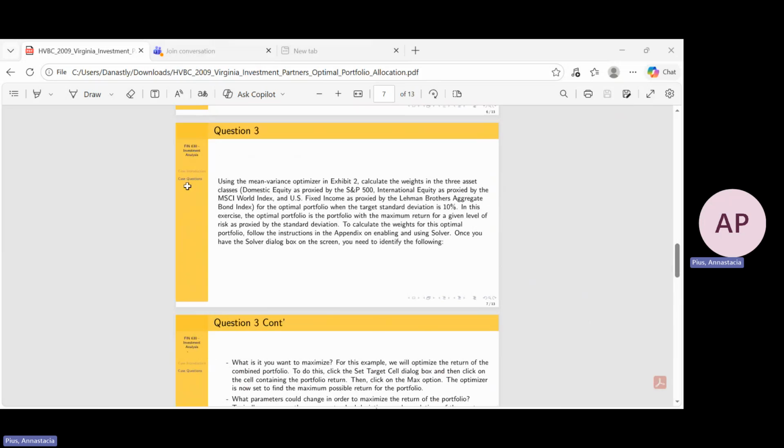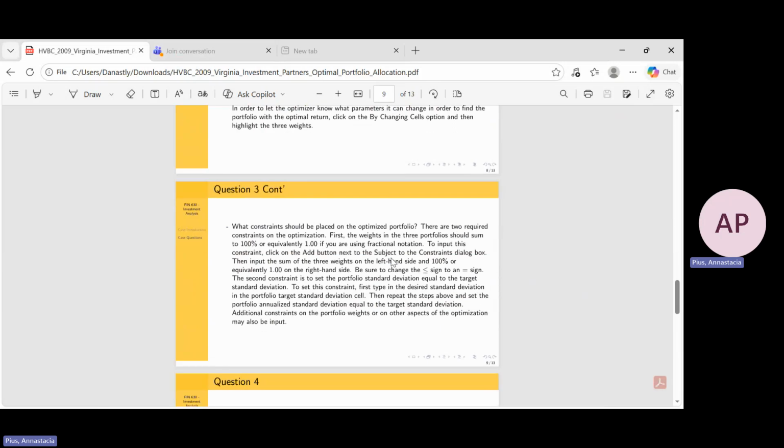And the most important one, that the annual standard deviation after the new weights that we hope Solver will optimize should be 10%. So we did the optimization and we obtained values 56.91 and 43.09.